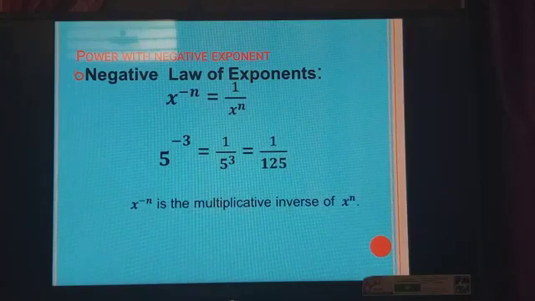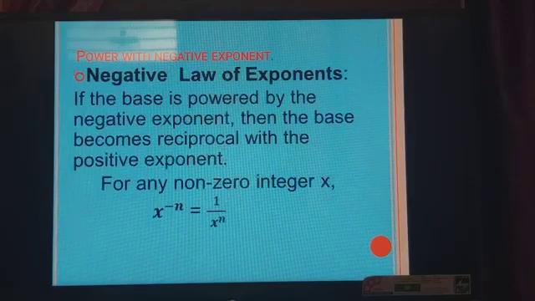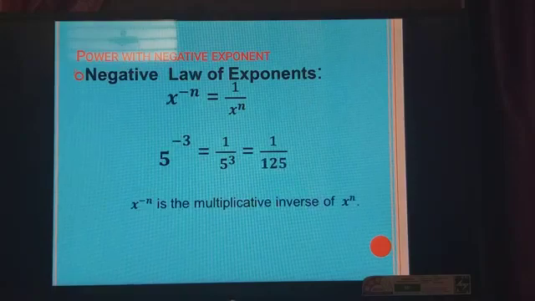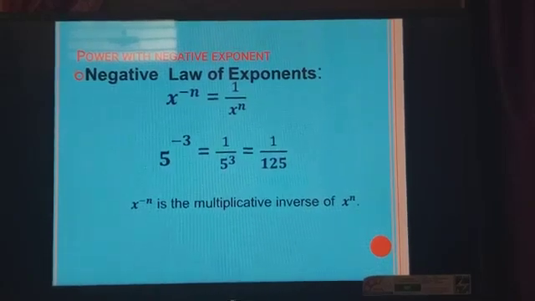For example, 5 raised to negative 3 means 1 upon 5 raised to positive 3, which is 1 upon 125.